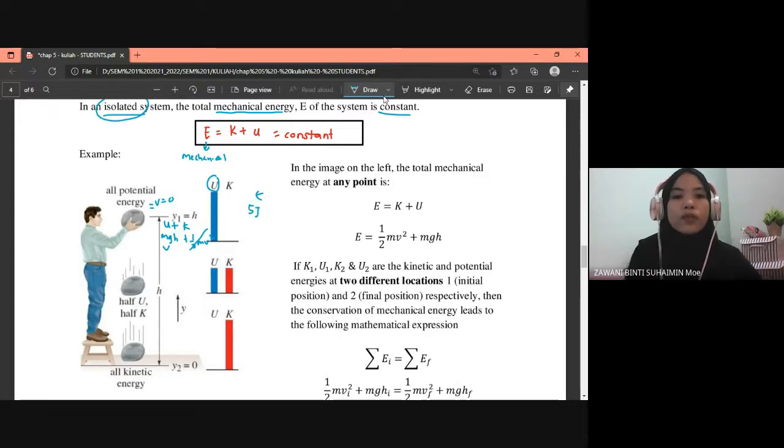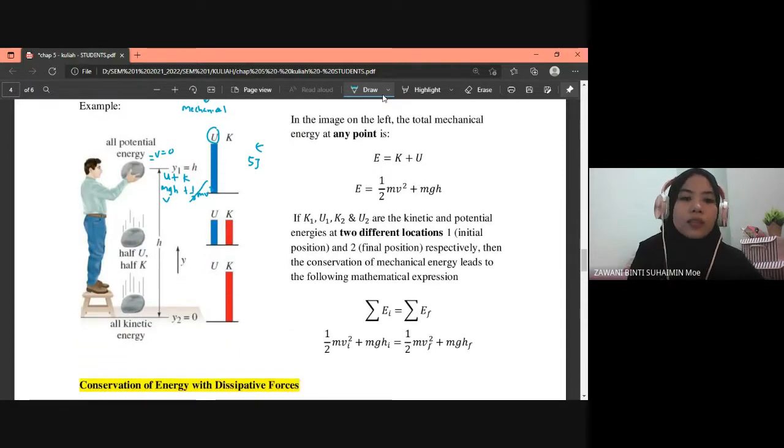Okay, lepas tu at the middle point, batu awak akan ada dua jenis energy pada permulaannya. So kita analyse, dia ada mgh tak? Tambah dia ada mv square tak? Sekarang ni dari segi H dia ada, maksudnya dari segi ketinggian dia still ada H, so mgh ada. Motion confirm lah di tengah ni dalam keadaan dia bergerak ke bawah, so confirm dia ada velocity iaitu kinetic energy.